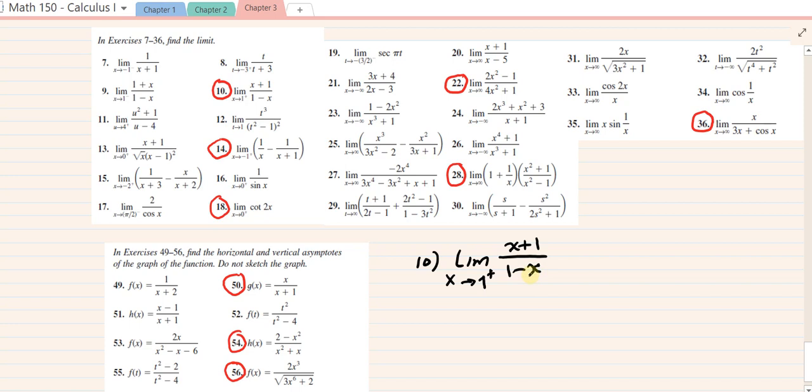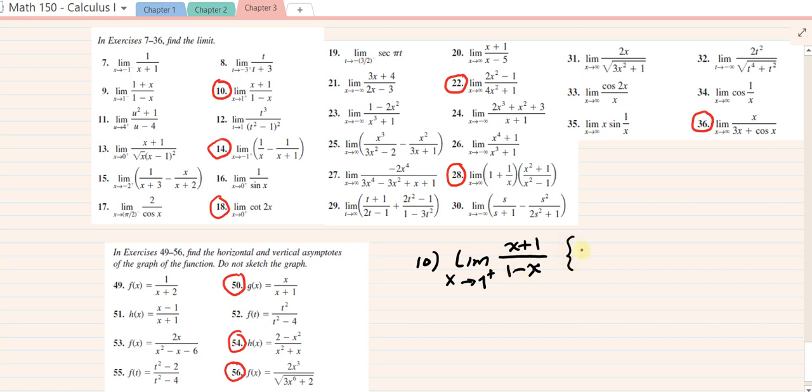The graph could help us with the discussion, but we really want to do this either analytically or by using correct judgment. Now, as x approaches 1 from the right, the numerator clearly approaches 2, right? So that's not a problem. The trouble is in the denominator.